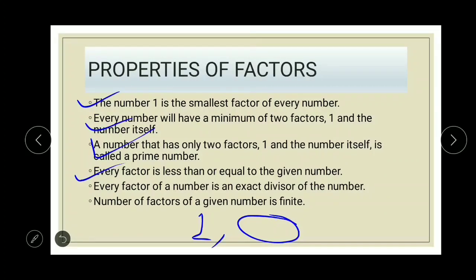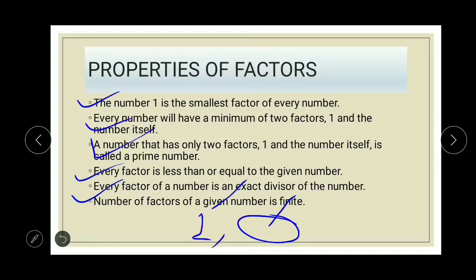So the numbers which are factors will always be less than or equal to the given number. Let's take the next one. Every factor of a number is an exact divisor of the number. In the definition I have discussed that if we divide a number by its factor, then we will get no remainder. That is called exact division.